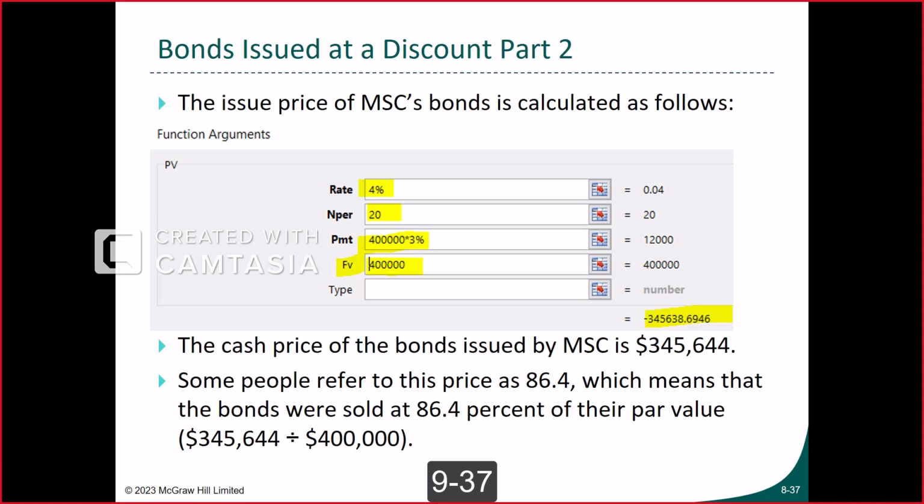Another way to present this, in some problems, could be with a percentage. So the issuance is done at 86.4%, which means a discount of almost 14%, right? This is how we get the issuance price, and that is the cash amount the company is going to collect on the day of the issuance.